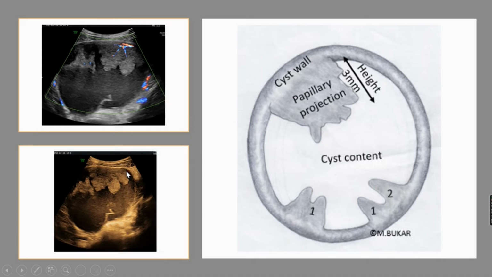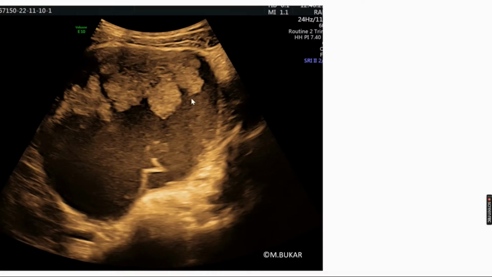So here you can see this papillary projection, and then you can also see another papillary projection. So how many papillary projections do we have here? 1, 2, 3, 4, or 1, 2.